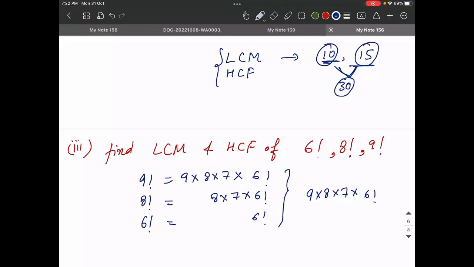See, if there is a number M and a number N, M and N are two different numbers, how do you find the LCM? In a similar manner, you can. If you are like this, I don't exactly know how much value it is.